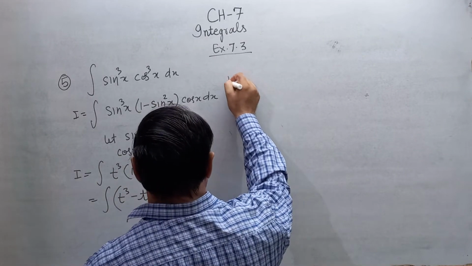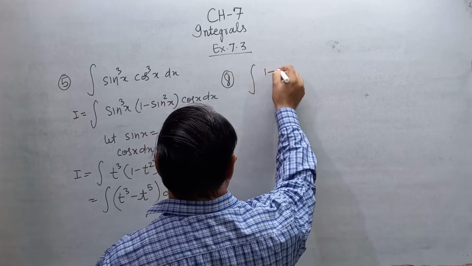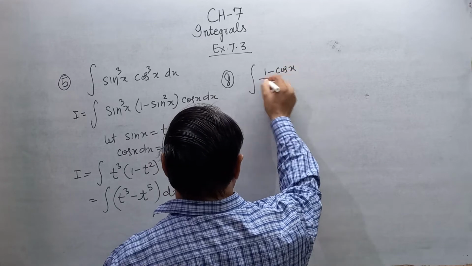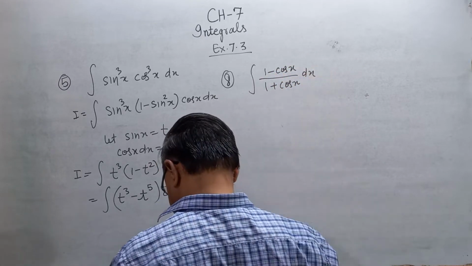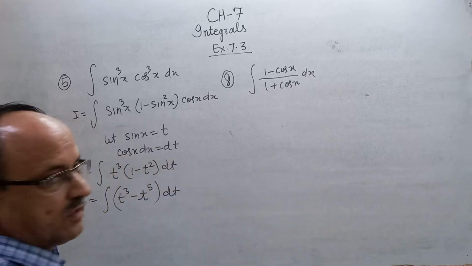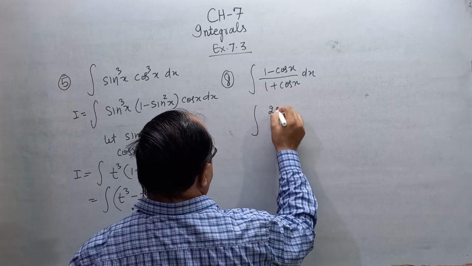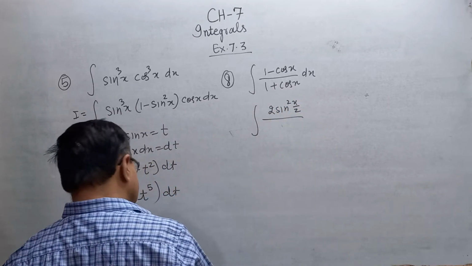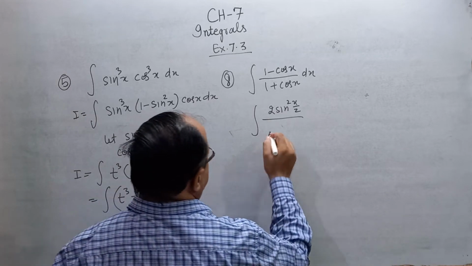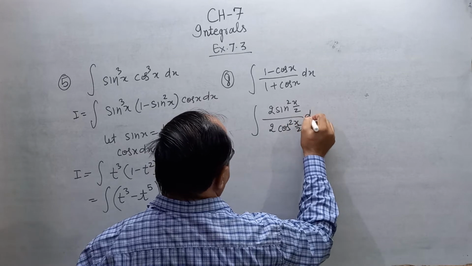Question number 8. Integration 1 minus cos x upon 1 plus cos x dx. This is a direct formula, you know: 2 sin square x by 2, and for 1 plus cos x, 2 cos square x by 2, dx.